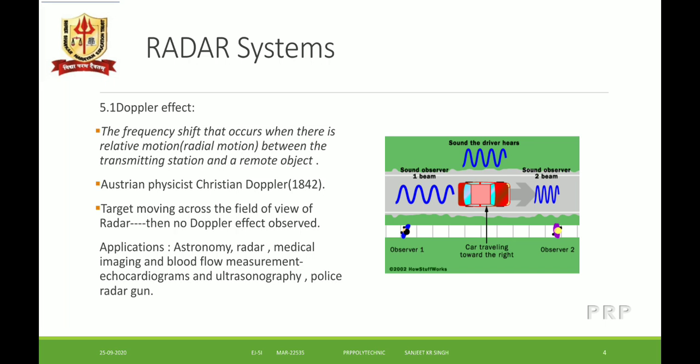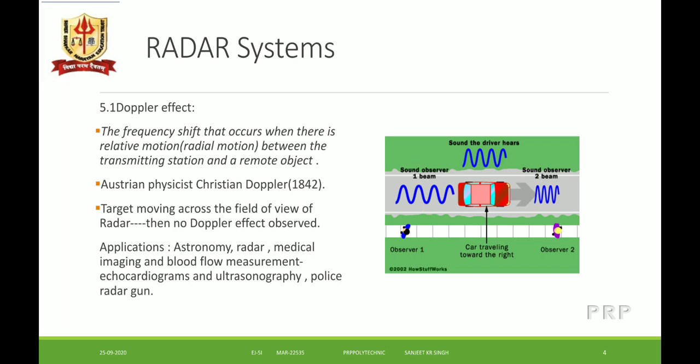So what are the applications of Doppler effect? There are many applications of Doppler effect. It is used in astronomy for studying the different movement of the stars and planets, whether they are approaching each other or receding away from each other.